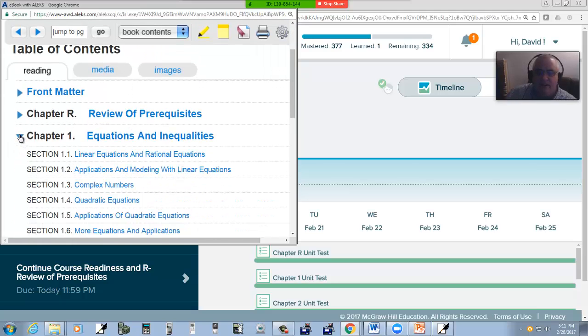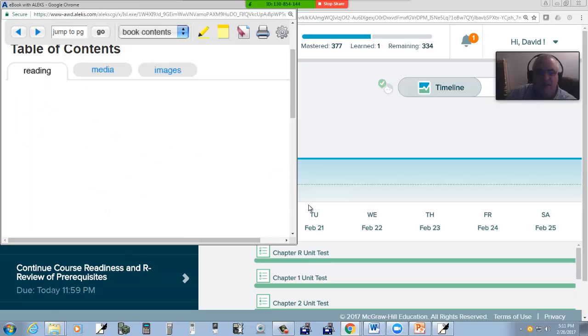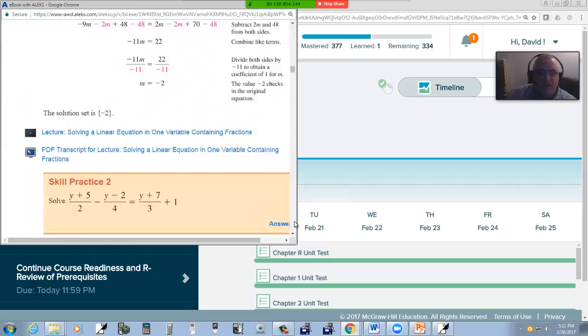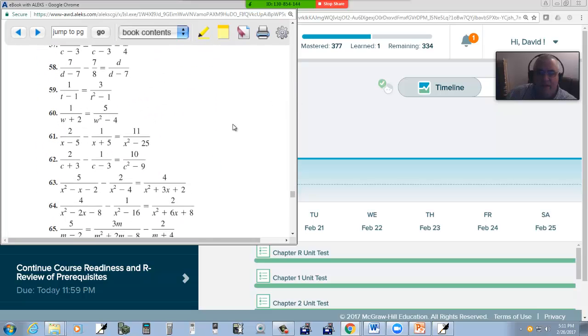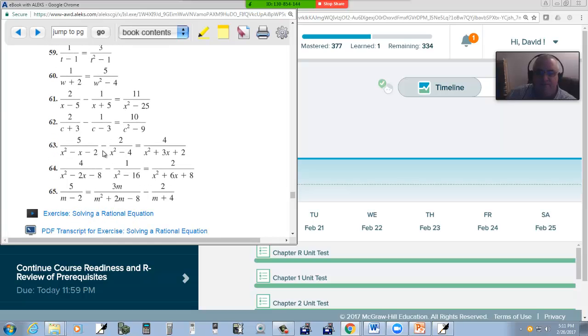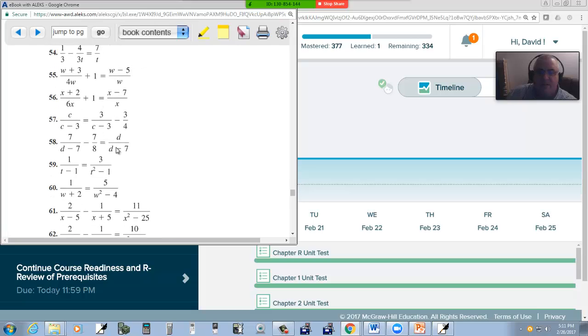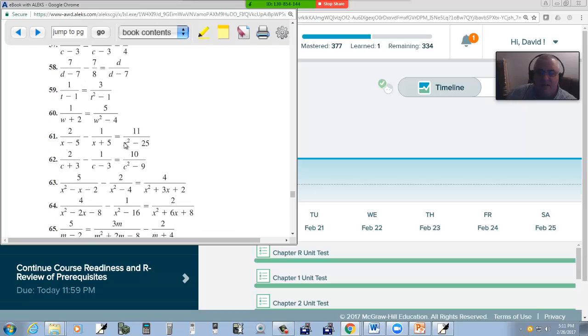Okay, so we got our linear equations. I'll choose 61. I wasn't going to choose 63 because it looks a little bit more interesting, but I'm afraid it might come up with a no solution. Sometimes they do when they get too complex. So 61.